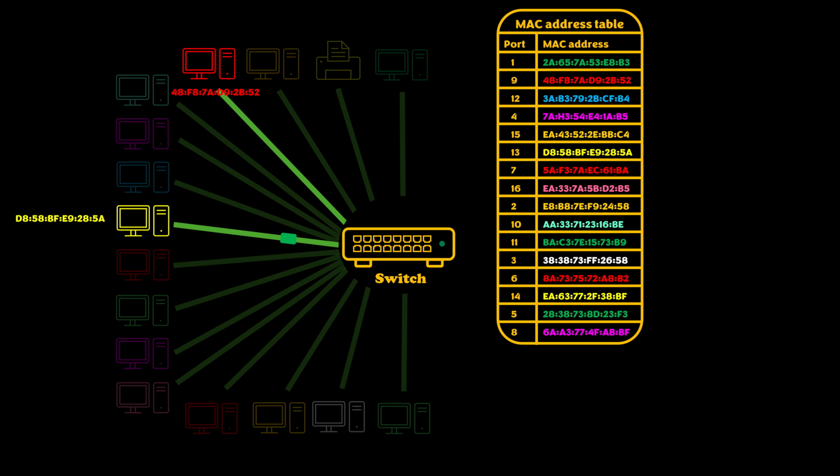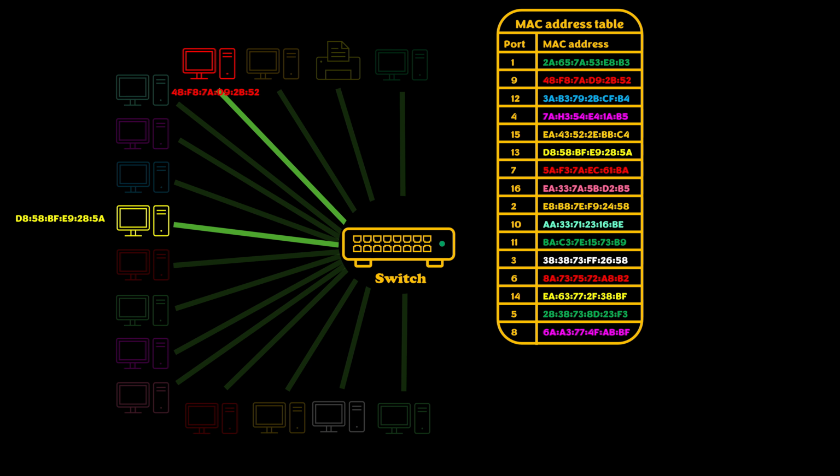So, when a switch receives data from a device, that data will include the destination MAC address, which is the MAC address of the device the data is intended for. The switch will try to find that destination MAC address inside its table. If the switch finds a matching MAC address, it will look at the corresponding port number and then send the data to the correct device.